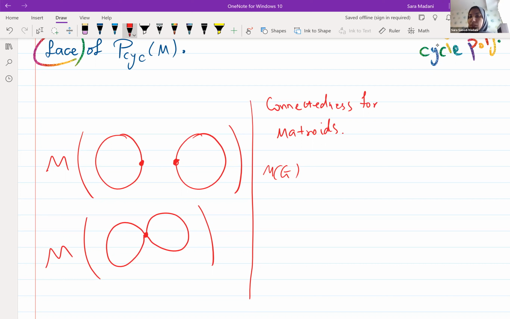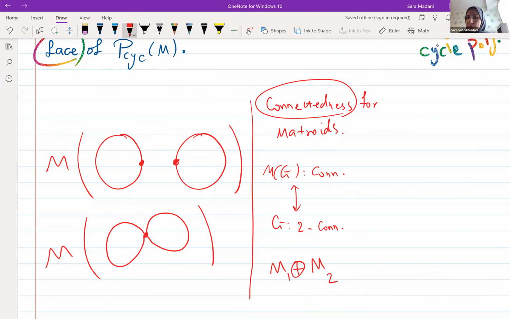There's a relationship here: this is connected, by the definition, if and only if your graph is two-connected, biconnected, if you know what it is. But the disjoint union of matroids is also defined. If your matroid is not connected, with this definition that I didn't mention here, and you have r connected components, then you have a disjoint union of matroids. So this also exists.